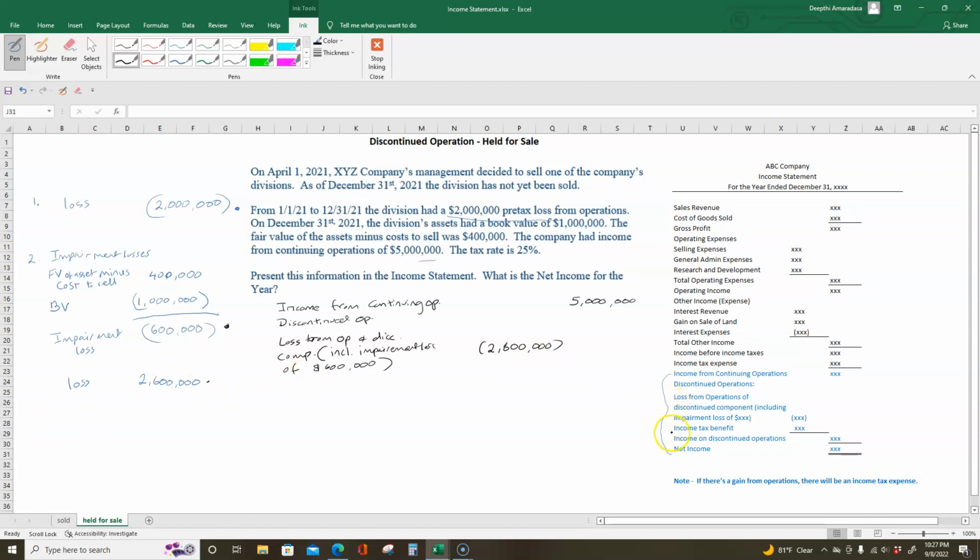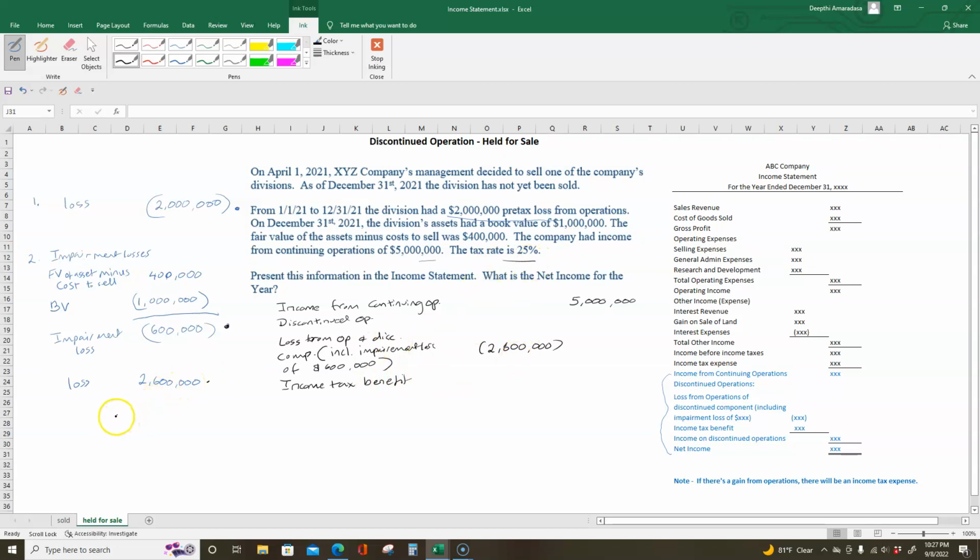Now, if you look at the next line item in the format, since we have a loss, we will have an income tax benefit. If we had a positive number here, if we had a gain from operations, we would have an income tax expense. But since the company incurred a loss, there's going to be an income tax saving. So we're going to call that income tax benefit or income tax saving. And that's going to be 25%. The company's tax rate is 25%.